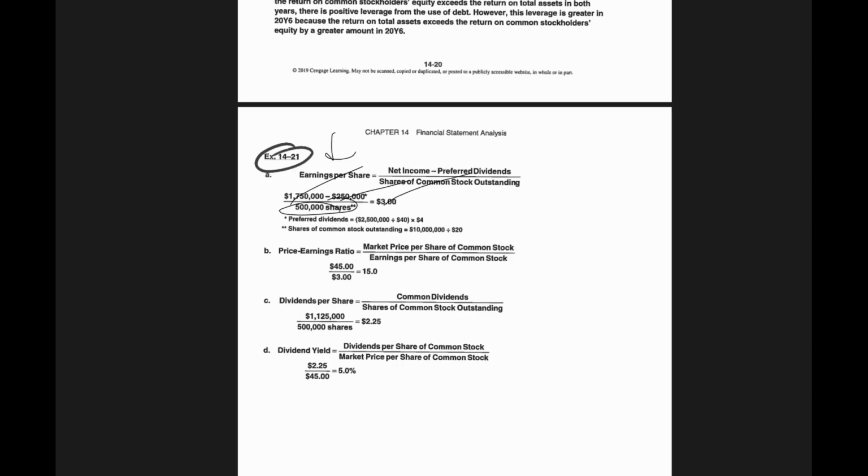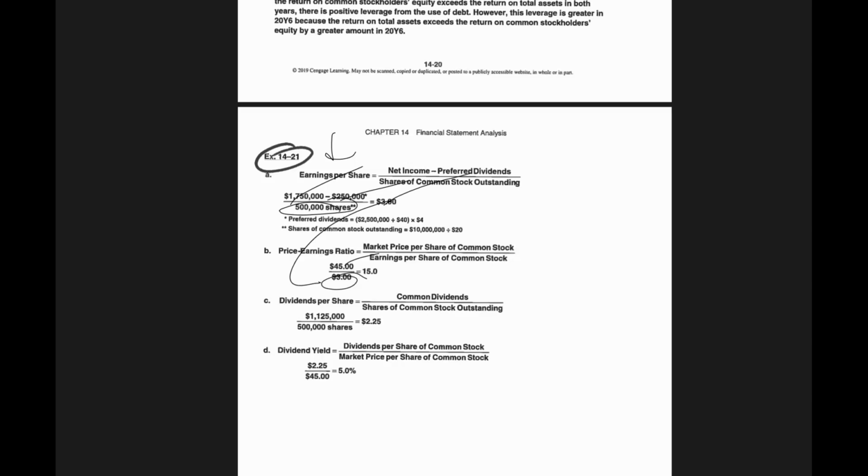Earnings per share typically is calculated for the common stock only. Price earnings ratio: the book gives you that the market price is 45 bucks. You divide that by the earnings per share for common stock, which is right there. It is 15. That's our price earnings ratio.